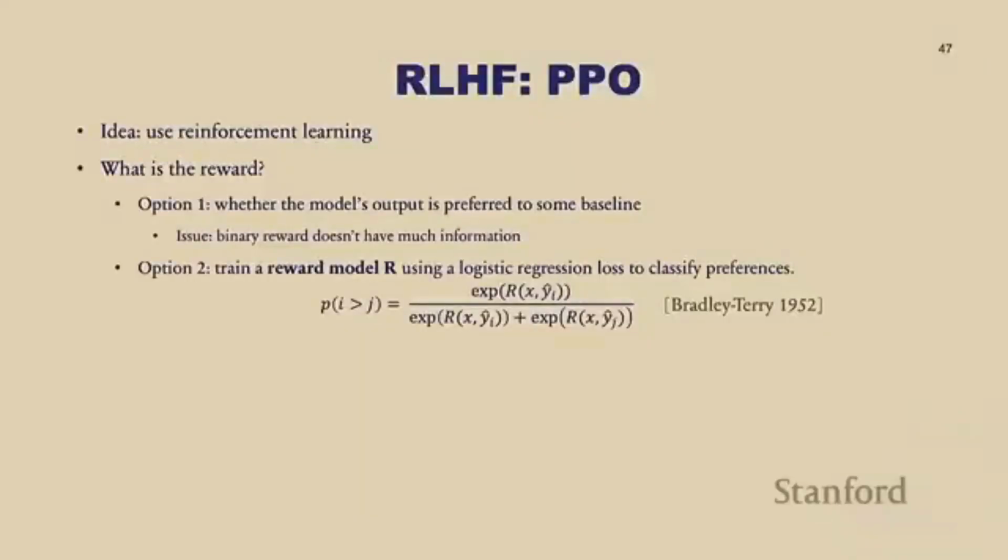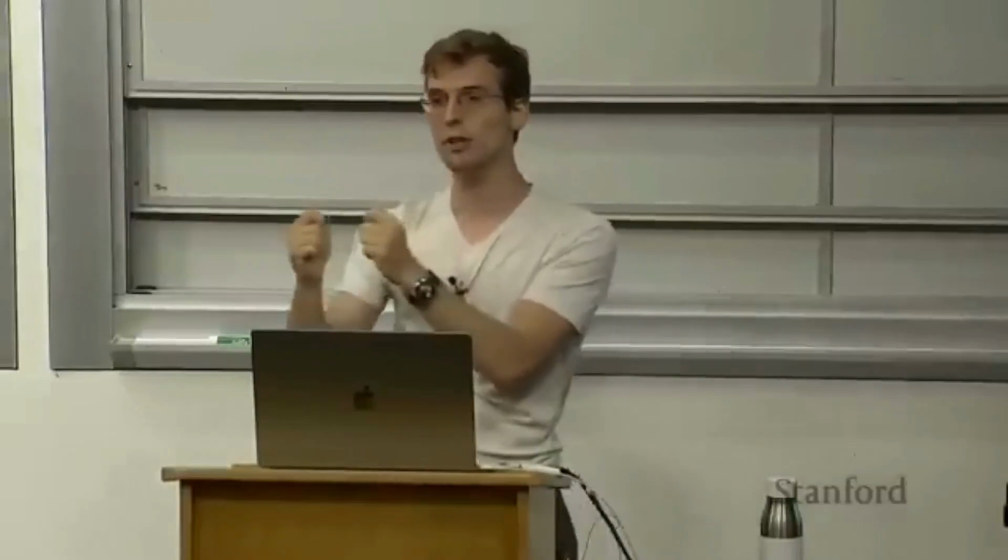You train this reward model to fit this green and red preference from humans. So basically, you train a classifier to say whether the humans prefer red or green. But instead of using the binary reward, which is what the human would tell you, you use the logits of the softmax. And the thing with the logits is that logits are continuous. So now you know that if your reward model said it has high logits, then in some ways the human highly preferred this answer to some other answer.